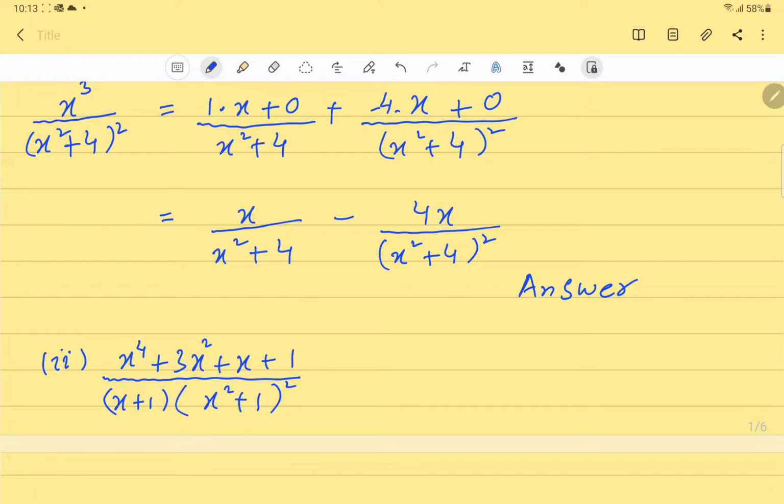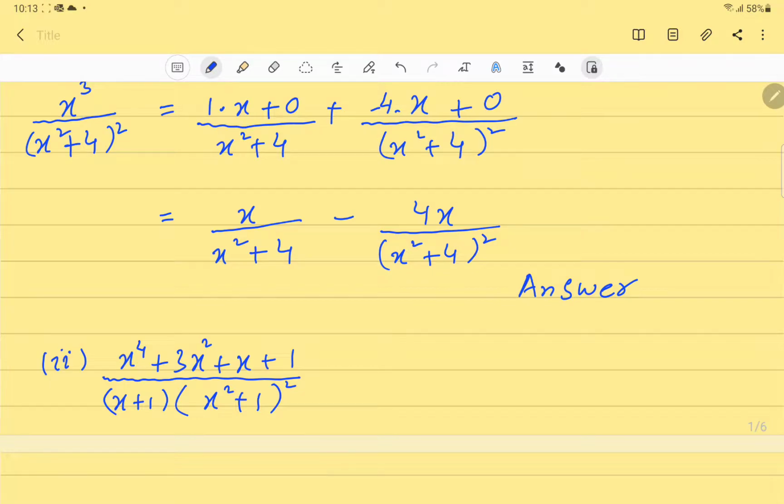So in this question, the degree of x in the numerator is 4 and in the denominator it is 5. How is it 5? We will take the square of x squared, which will be x to the power 4, and multiply it with this x, it will come out to be x to the power 5, which is greater than the numerator.